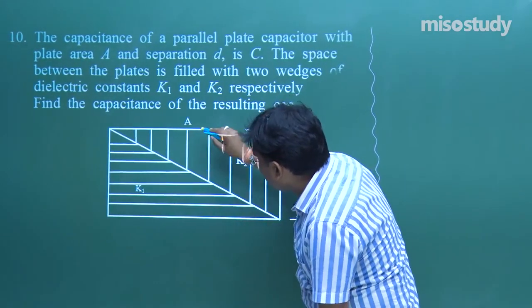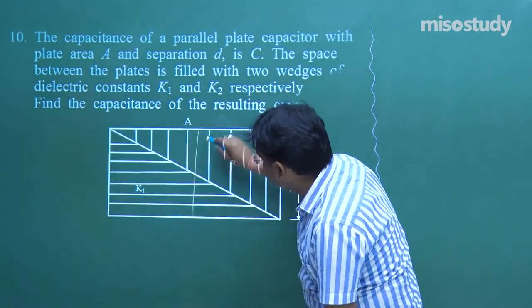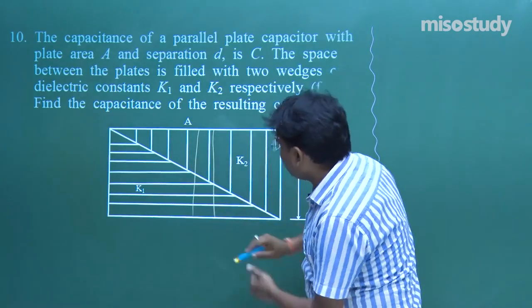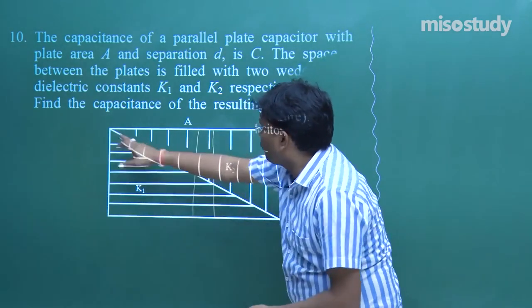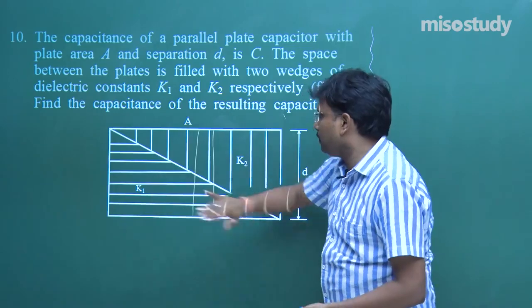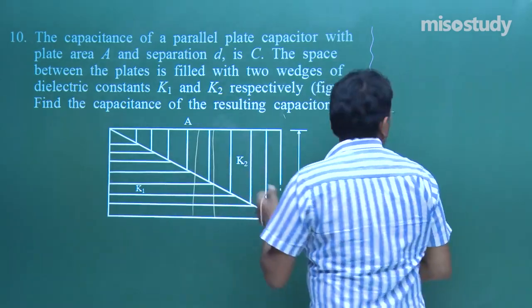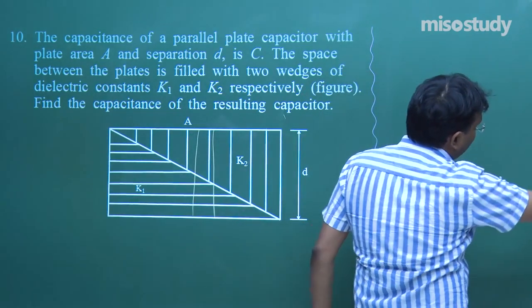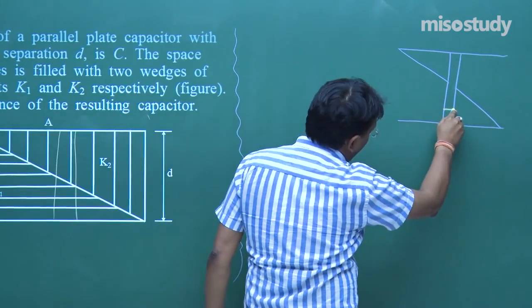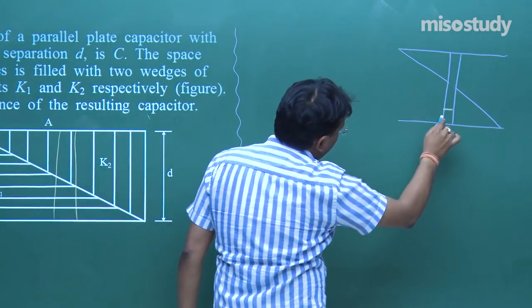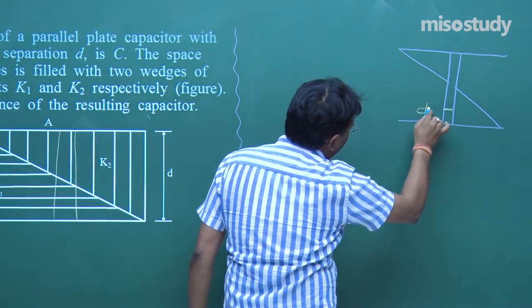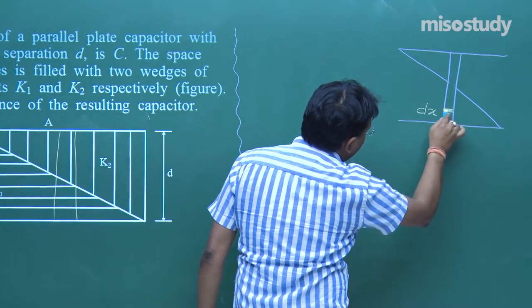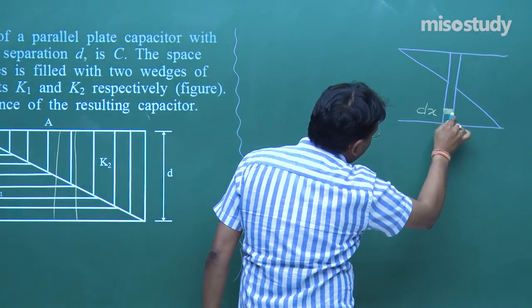This line, and then let us assume this portion, and then we will integrate it from this point to this point for this and this. So the same thing I draw over here. Let us say this small gap is equal to dx. This strip is of thickness dx.